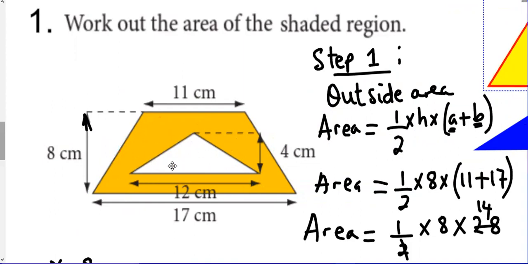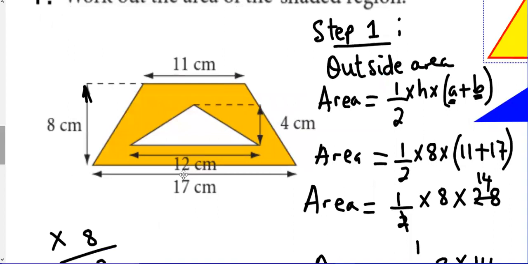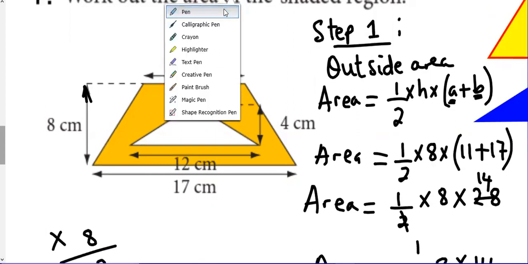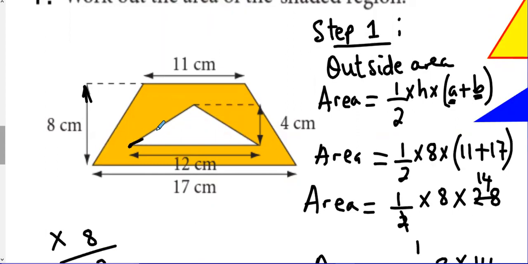What is the name of the inside shape? The inside shape which I'm talking about is this shape here. Can you see this shape? This shape is the one which I'm referring to as the inside shape. Now, can you pause this video and find out what is the name of the inside shape?